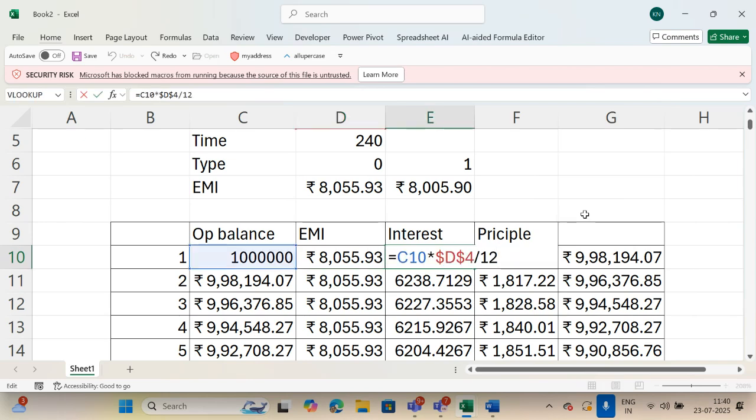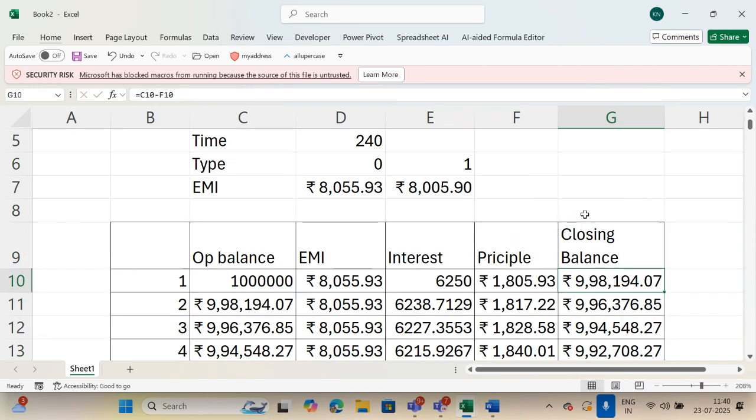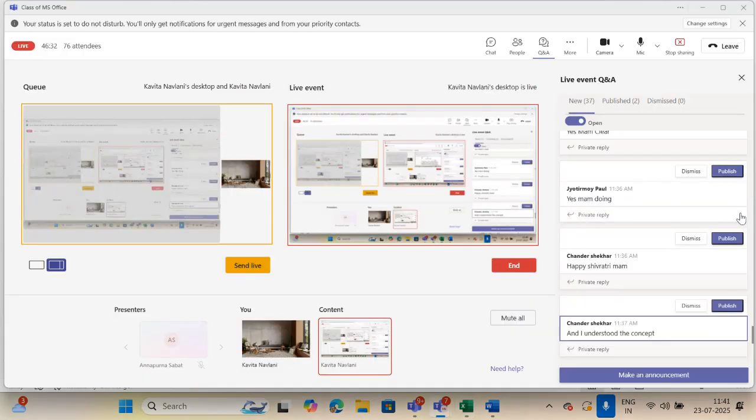How I calculate the interest, how I calculate the principal, how I extract the closing balance. And this closing balance will be the opening balance of the next month. C is equal to G10. Please tell me whether you are getting it or not.